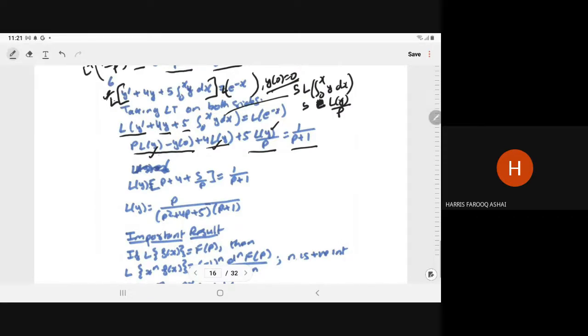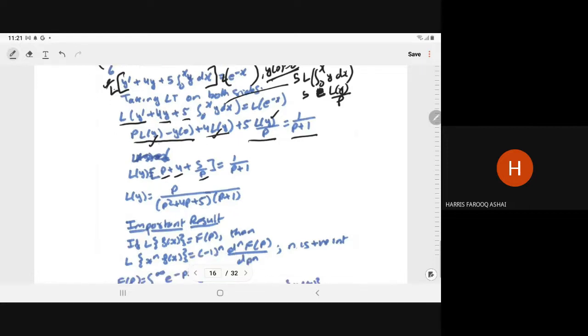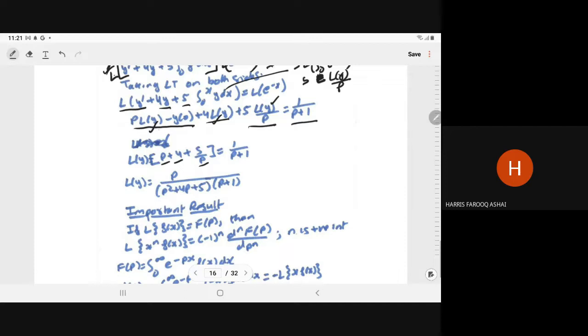Inside we have p plus 4 plus 5 upon p, equal to 1 upon (p plus 1). So L of y will become p upon (p square plus 4p plus 5) into (p plus 1). Then y is the L inverse of this. By taking the partial fraction and then applying the first shifting theorem, you can compute the value of y.